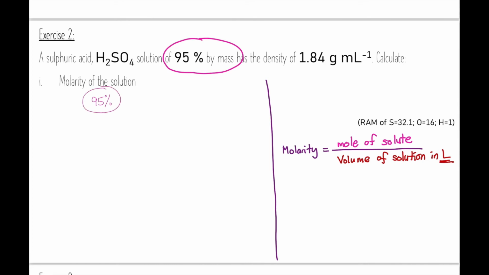The assumption goes like this. We need to assume that the mass of the solution is 100.